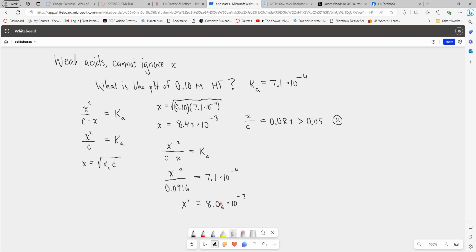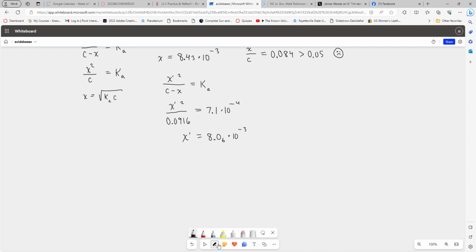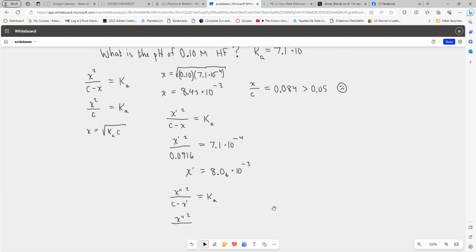So we're going to plug it in yet a third time to see if the value converges. So we'll get a new value of x double prime, divided by the original concentration minus the first x prime. So we're going to take the concentration, which was 0.1. Remember, that was the concentration originally given in the problem.